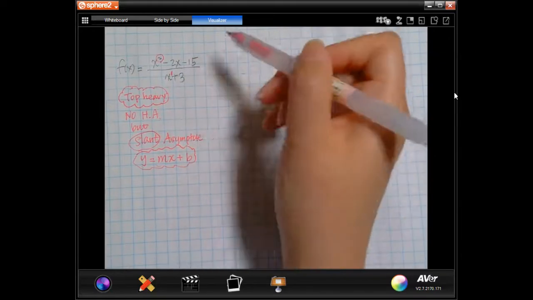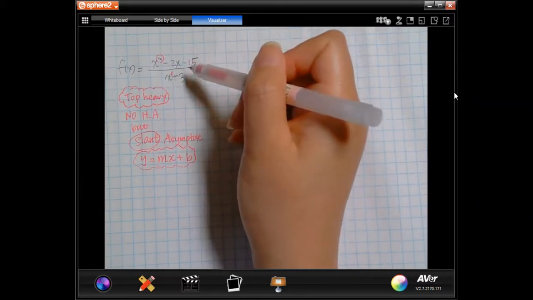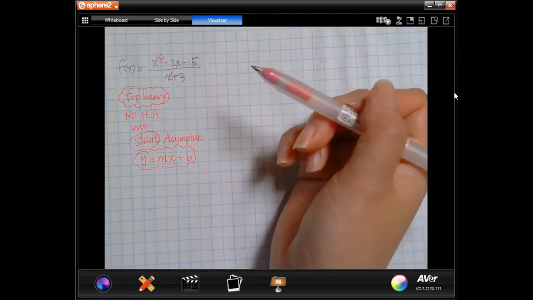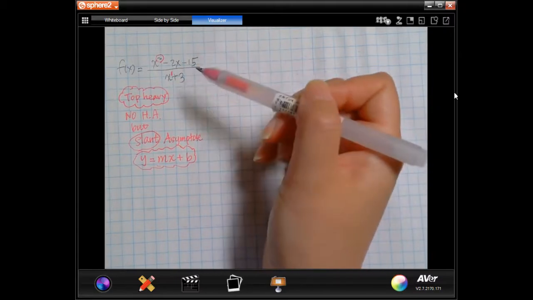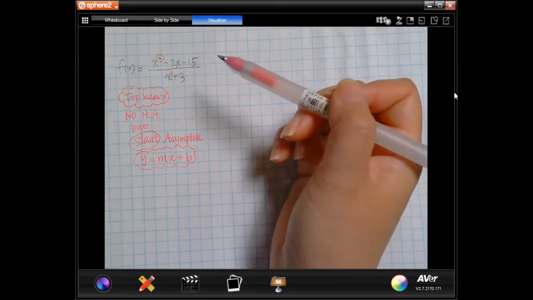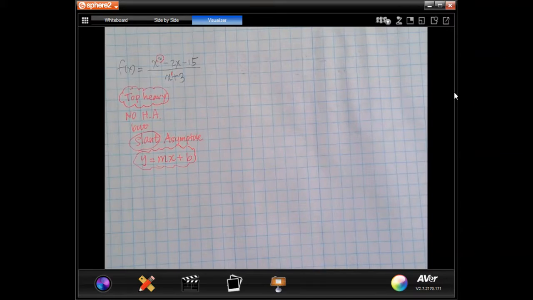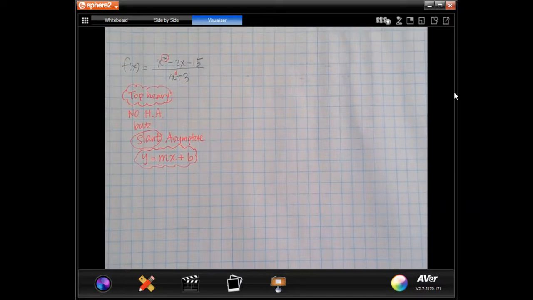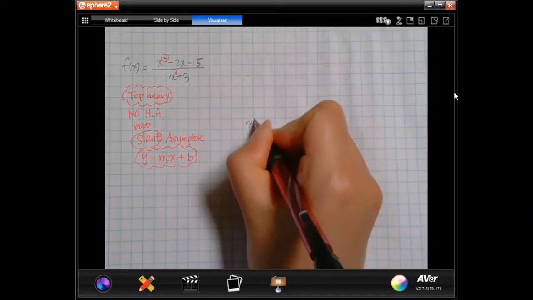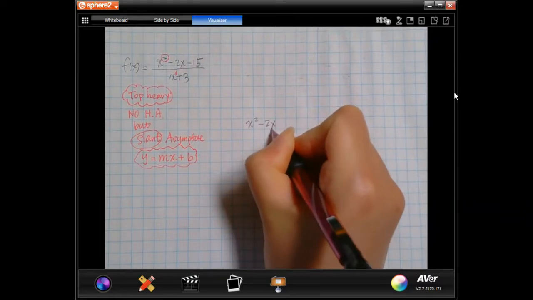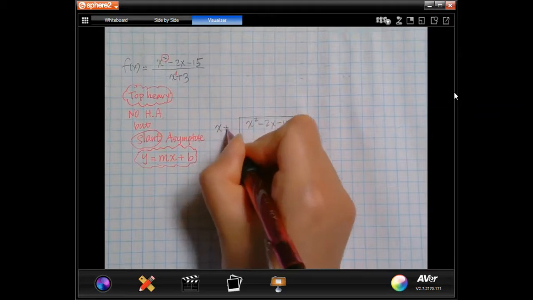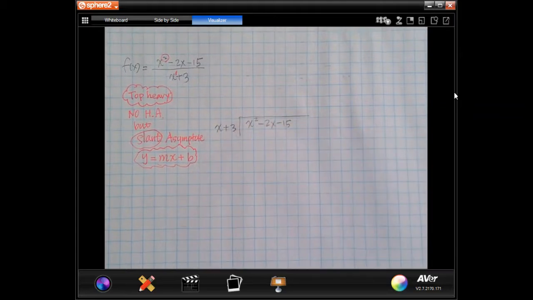So we literally divide the polynomial in the numerator by the polynomial in the denominator. How do we divide polynomials? Yes, you need to use long division. In this case, the long division is x squared minus 2x minus 15 divided by x plus 3.